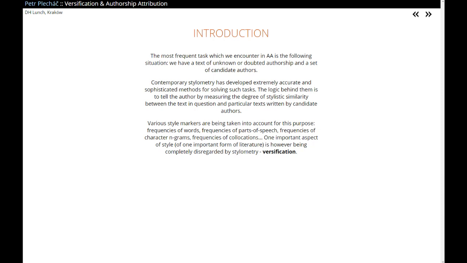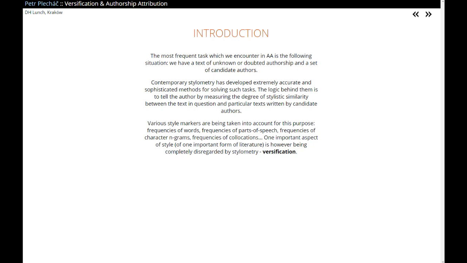For this purpose, various style markers are taken into account, such as frequencies of words, frequencies of parts of speech and different grammatical categories, frequencies of character n-grams, frequencies of word n-grams, or to say collocations.